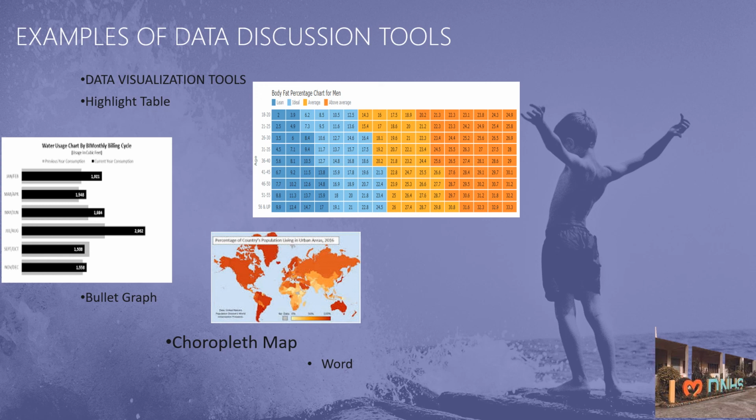Okay, so we have the highlight table where this mapping would be the BMI highlight table, where the shading or the color rendition, okay, identifies difficult sectors of the weight and height of men.